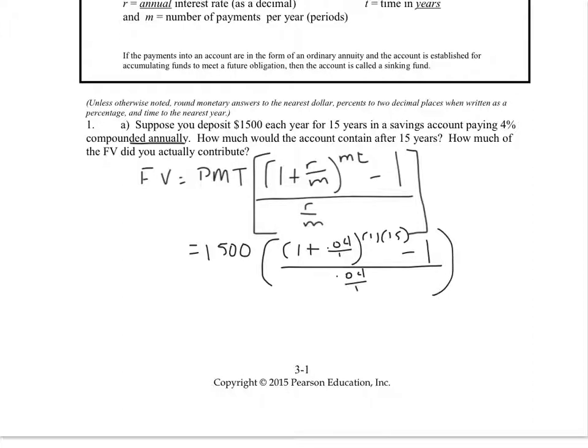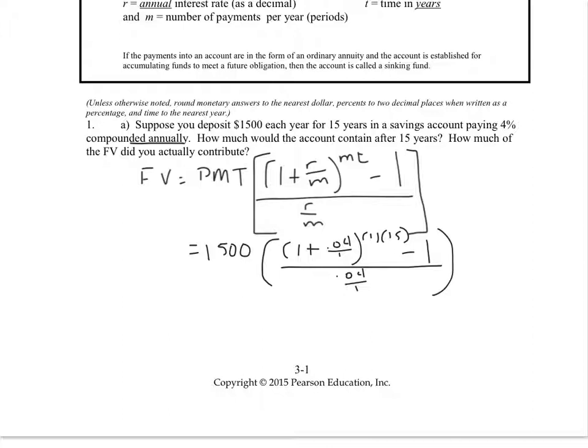Now, at this point, you go to your calculator and start with this inside parentheses in the numerator. You're going to have 1.04, that's what you get when you add what's in the parentheses. Raise that to the 15th power, hit enter, get your answer, then subtract 1 from that. Hit enter again.